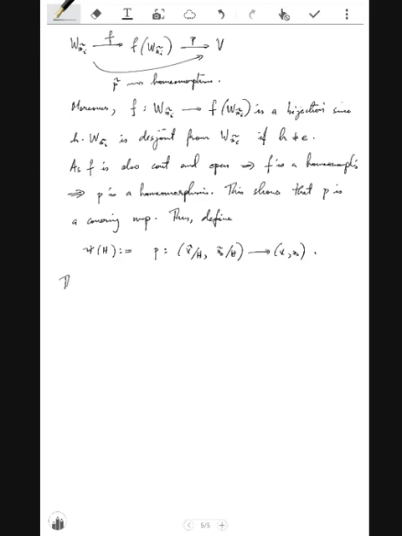So the theorem is the maps phi and psi are inverses of each other.